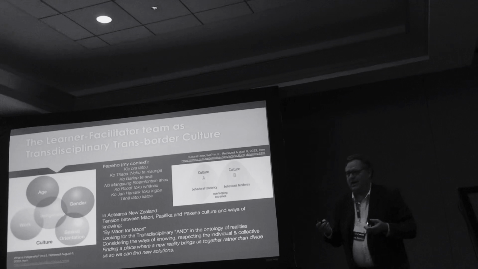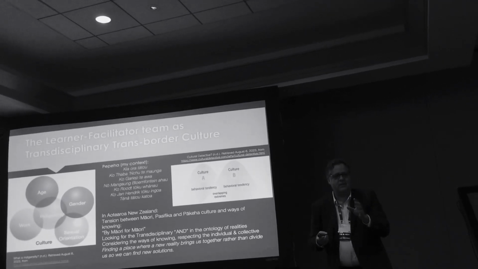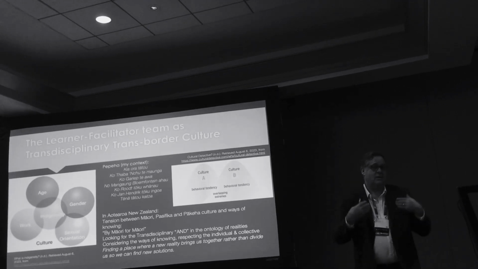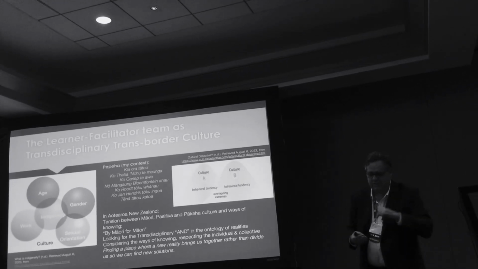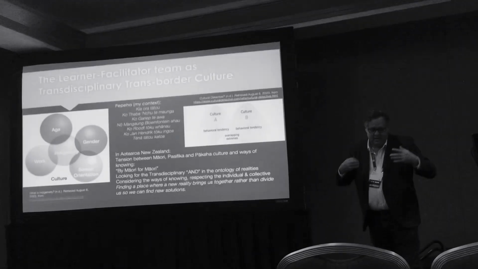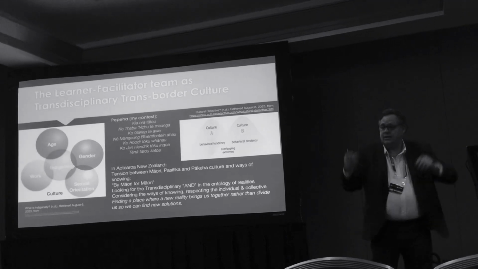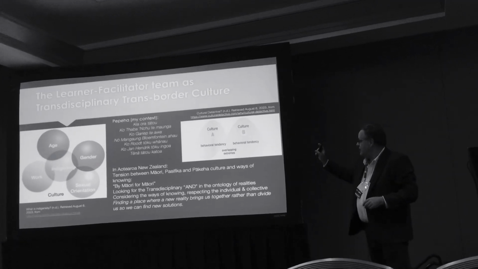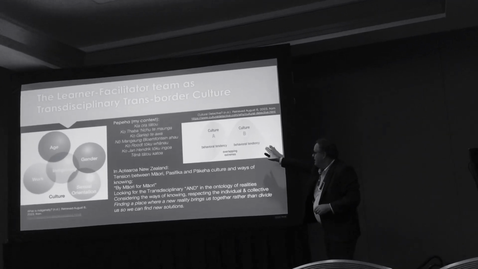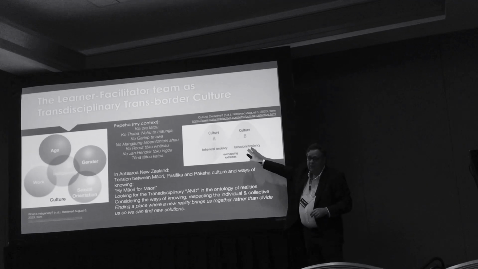Because people talk about who they are, where they're from, and within that context, they come to you and to others to do something special. We'll talk about that. So in principle, what happens between the learner and the facilitator and mentor is that there's an overlap of culture that is shown in this diagram here, and the different behavioral tendencies of these two groups overlapping.